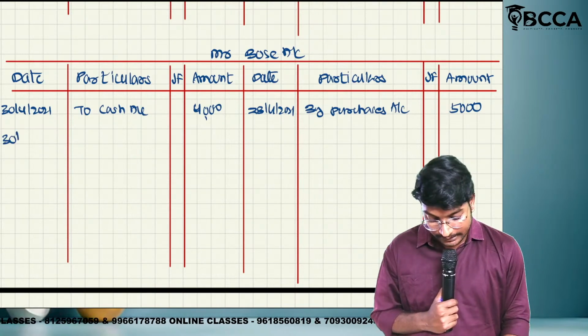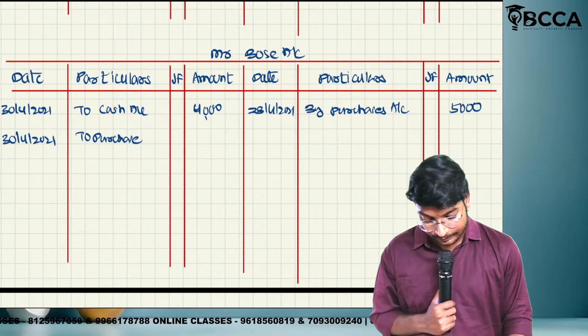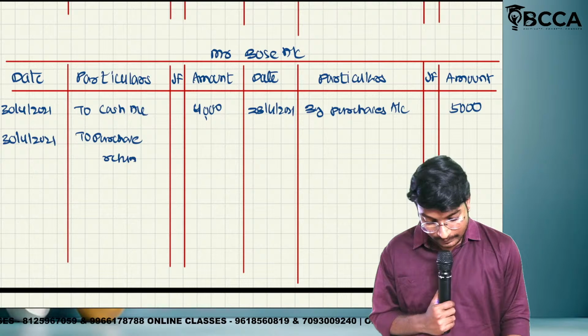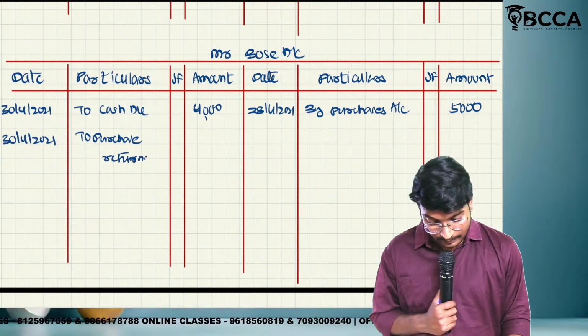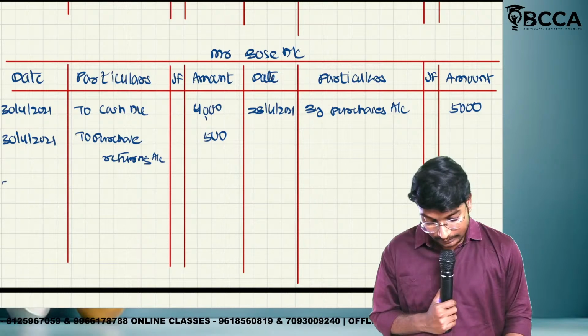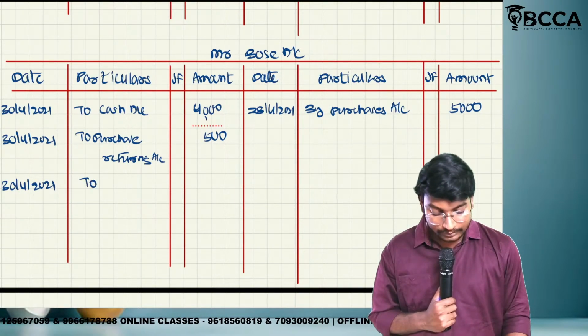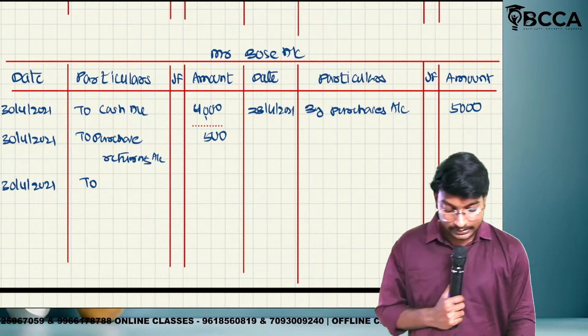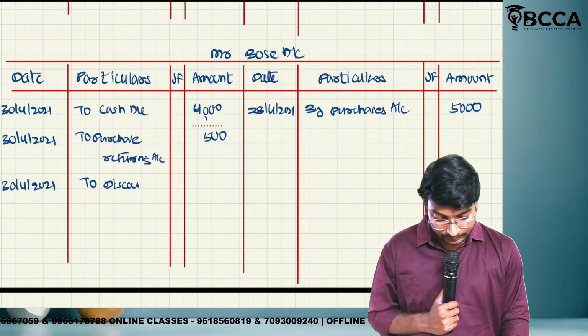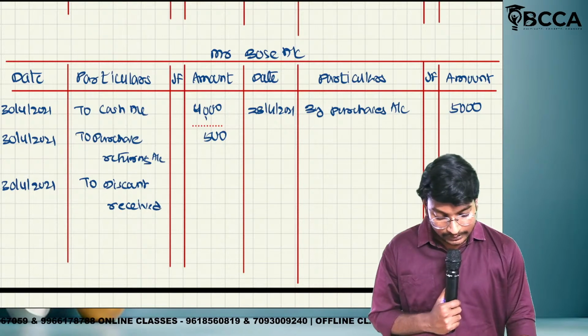On the same date, 2021, to purchase returns account. How much ma? 500. Next on the same date to discount received.